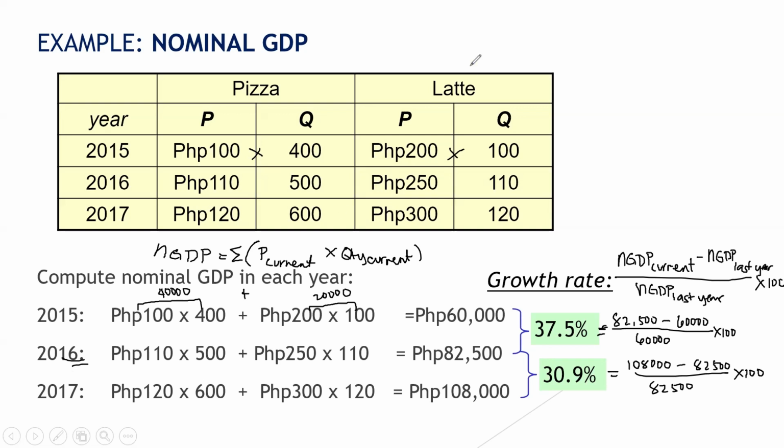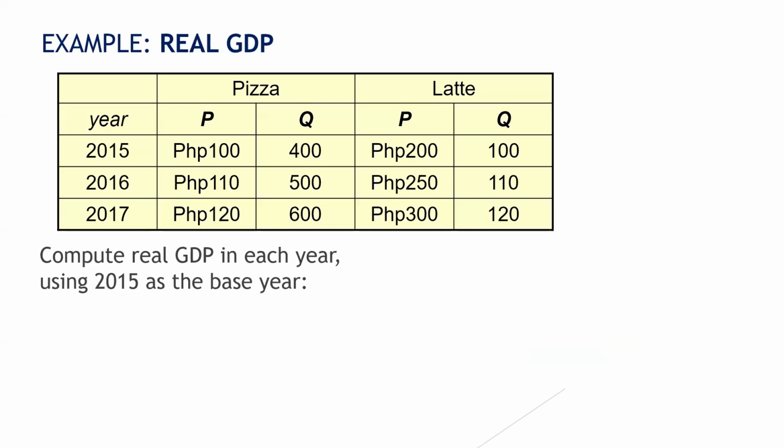So now let's proceed to the other example, which is related to the real GDP. We're done computing with the nominal GDP, so now let's proceed with the real GDP. On this given, we have still the same given, but here we are going to use 2015 as our base year.